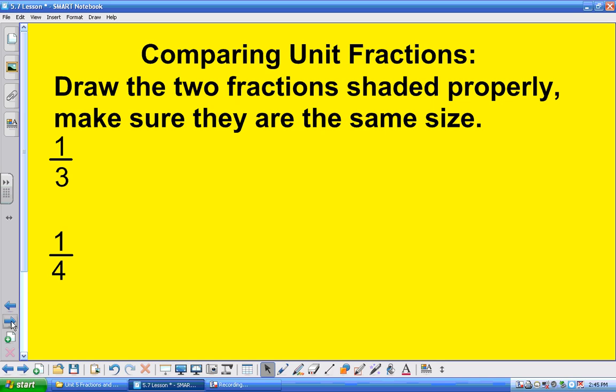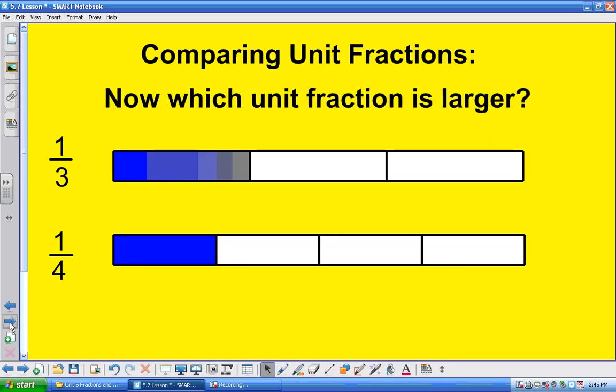Well, maybe it would be easier if we drew the pictures. Do you agree with me that the top strip there is 1/3? 1 out of 3. All right, what about the bottom? Is that 1/4? Now, they're the same size, so which one is larger? The 1 out of 3. So you're right, this one is larger.